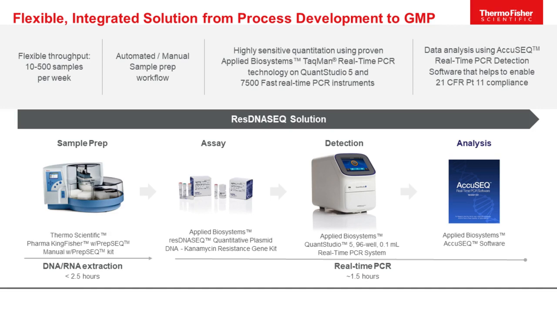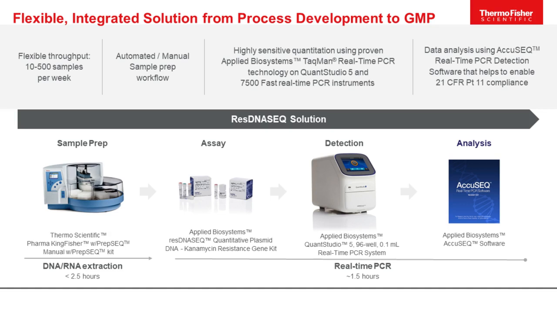Once the nucleic acid is extracted and purified, it is loaded onto an Applied Biosystems qPCR instrument that runs the TaqMan-based assay on either a 7500 Fast or a QuantStudio 5 real-time PCR instrument. By leveraging TaqMan technology, very high sensitivity and specificity can be achieved, and that is essential in quantitative residual DNA testing.